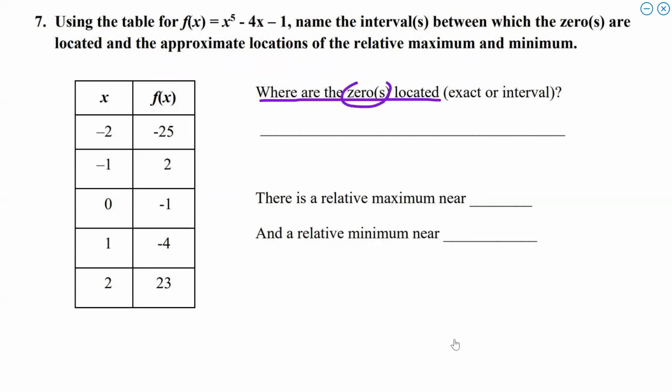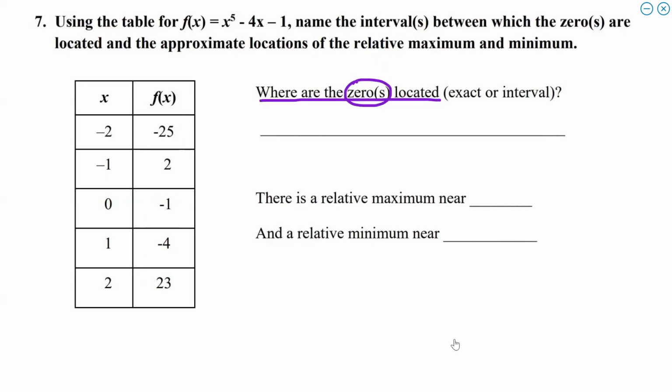I would look for a 0. Are there any zeros down the f of x column? I don't see any zeros here. So I'm going to have to try to figure out between what numbers we have a 0. What am I looking for?